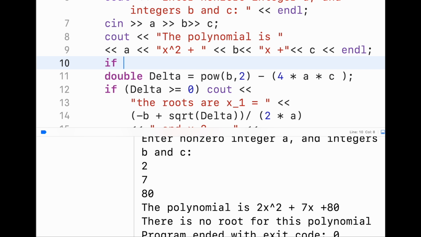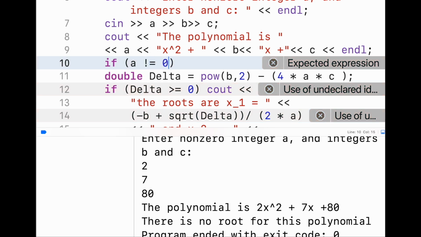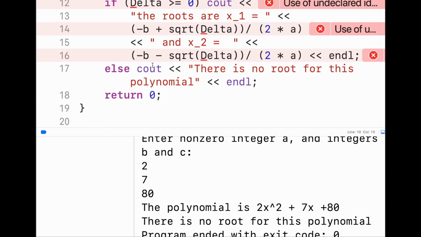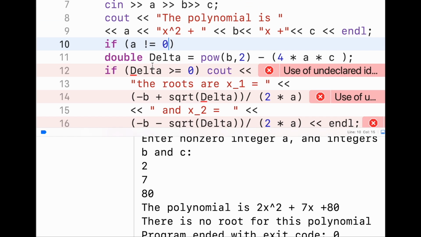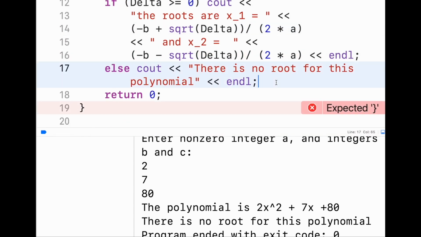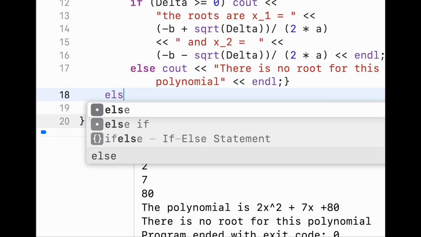We should be clear. So here I write, if a is non-zero, not equal to 0, then apply all these processes. Yeah. So here I use if condition again, 7 steps, see the caption, and to be more clear, I put all this in brackets, and now I apply else.